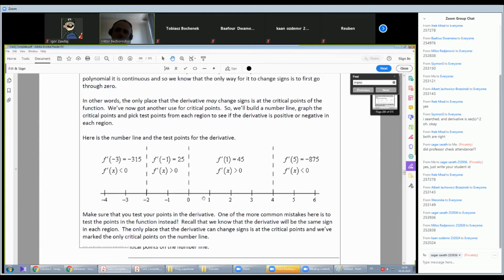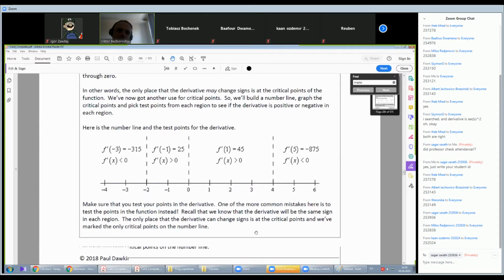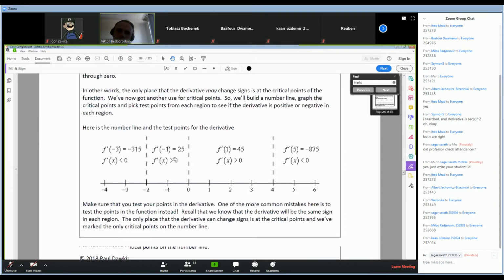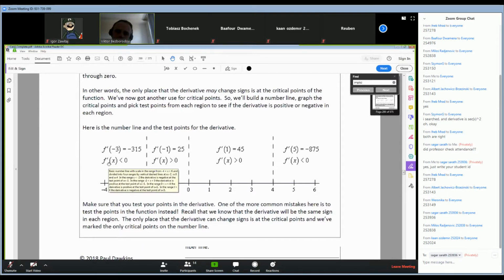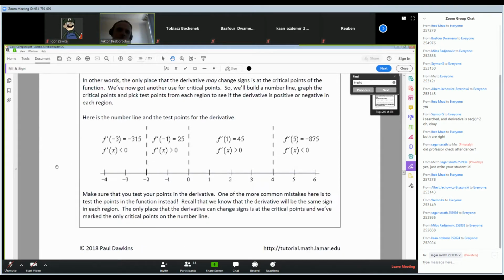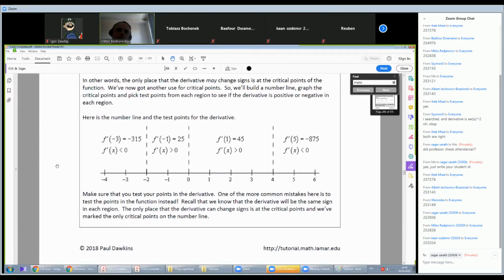Okay, here they also warn you against a mistake. Of course, we have to compute the values of the derivative, not the function, right? So be careful here. Also, it's possible to make this mistake: for example, you find negative in the first interval, and then you assume that it alternates.